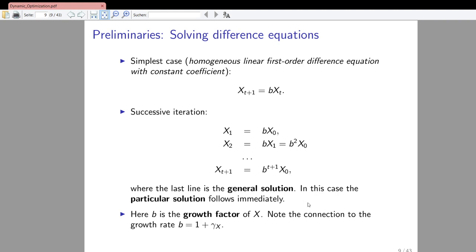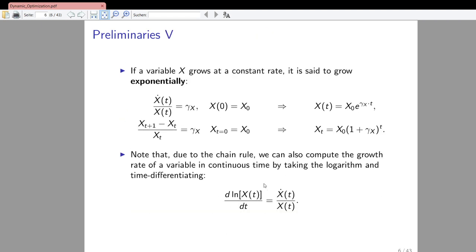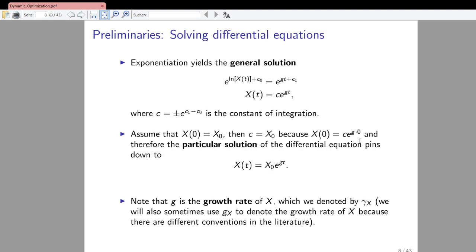So we can easily calculate the general solution and the particular solution for this case. Now here the growth factor is b. It's again defined as 1 plus the growth rate, as in the previous case that we had here, where the growth factor was 1 plus gamma to the power of t.